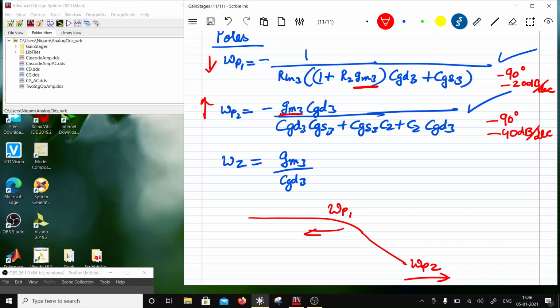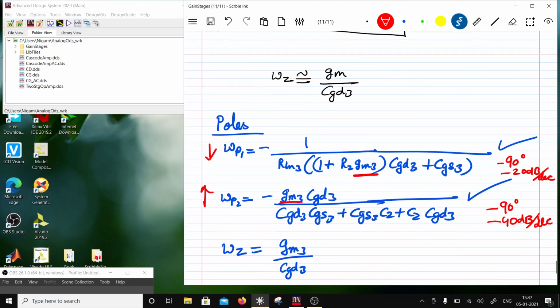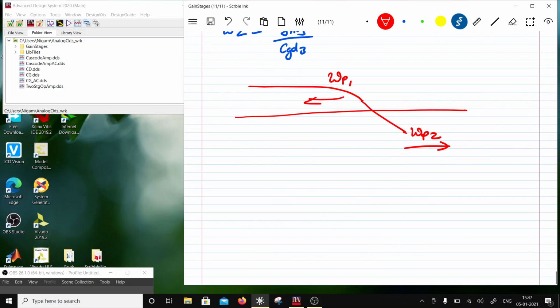So if I split the two poles by increasing GM, I move this one in and that one out, and I assume that at some point there is a zero crossing in between the two poles, then I would have stabilized the stage. I would have stabilized the common source stage. So one way of stabilizing, a technique, is called split pole compensation.